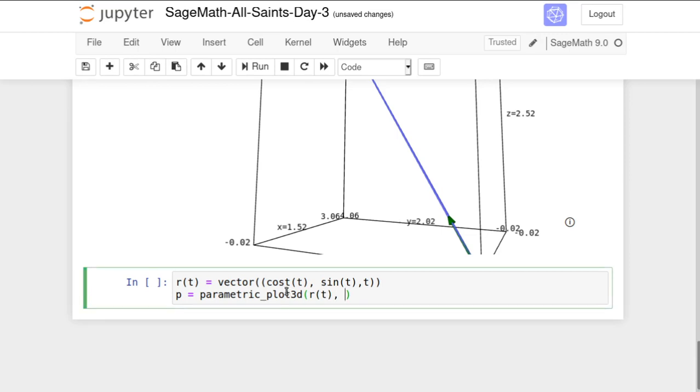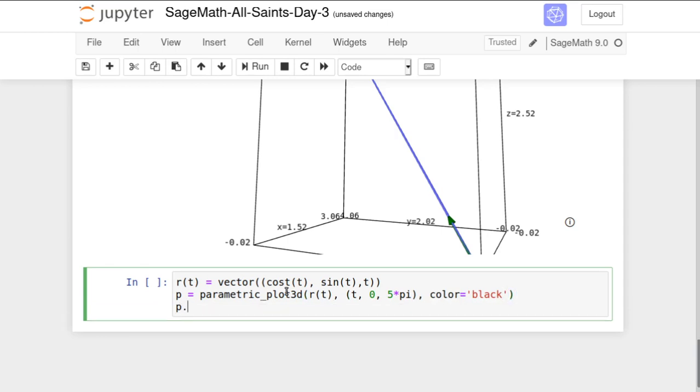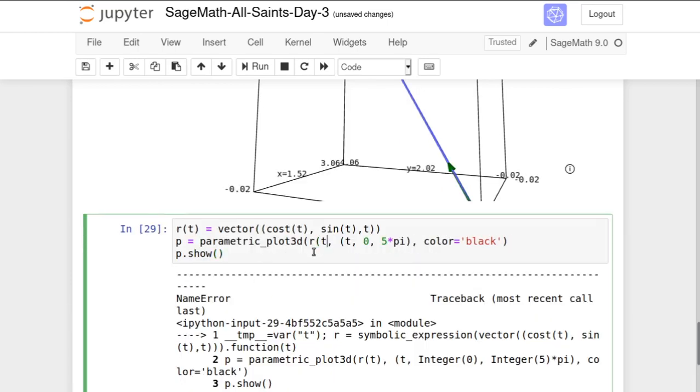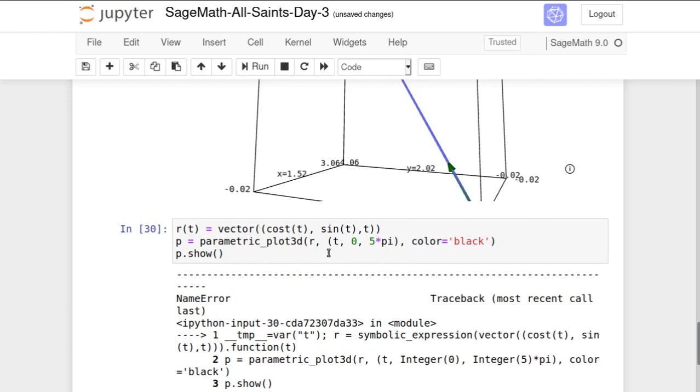We can put t in the range 0 to 5 pi, and with some color, say black. See the output.